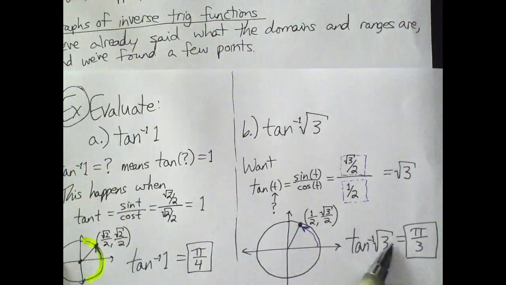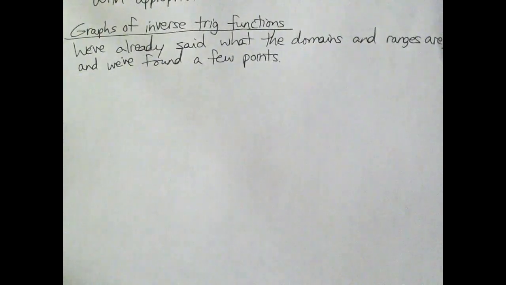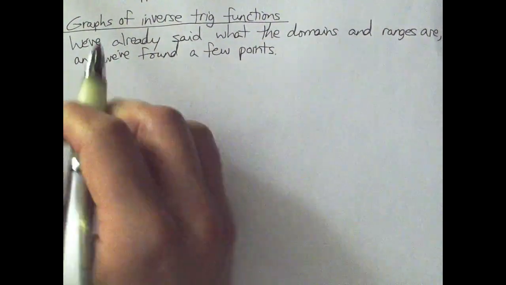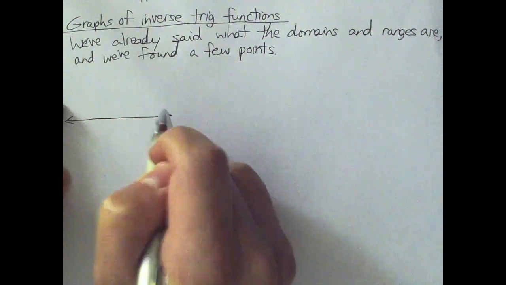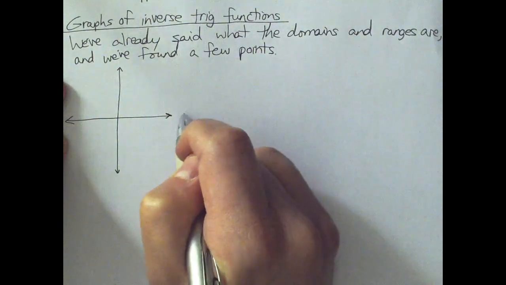Square root of 3 comma π/3 is a point on the graph of inverse tangent. And you could also go back to the inverse sine and cosine ones that we did. So we know the domains, the ranges, and a few points. So I'm going to go ahead and draw the 3 pictures, doing this based on what we've covered.